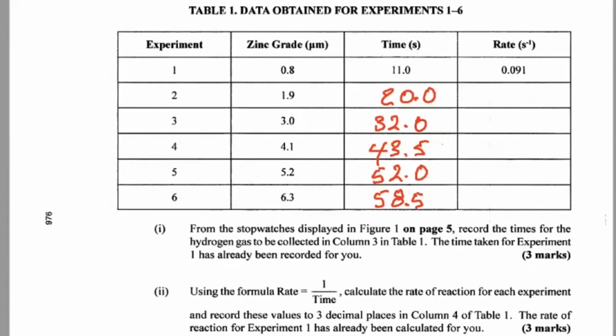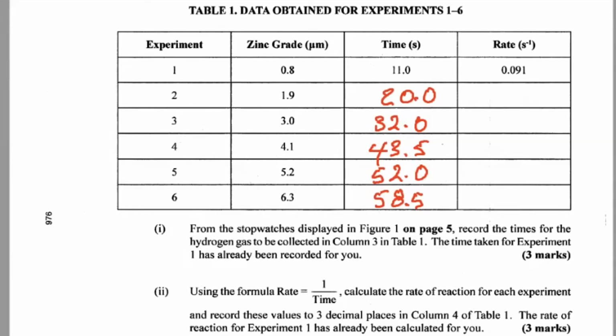The larger the radius, the smaller the surface area. So the smaller the radius, the larger the surface area. Just bear that in mind: smaller particles have larger surface area. So let's look at the time now. For the one with the smallest radius of 0.8, we notice that it took 11 seconds for 100 cm cube of gas to be formed.